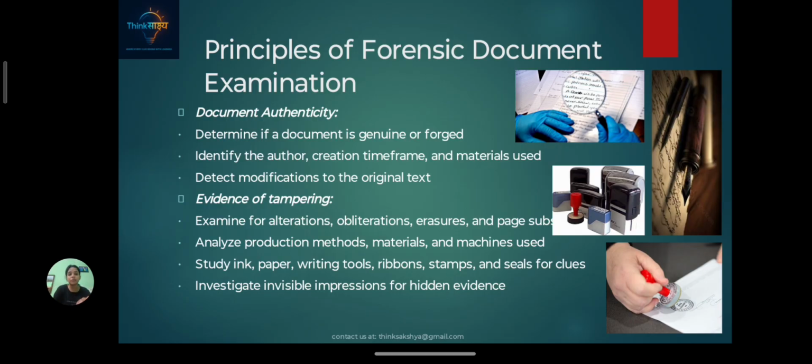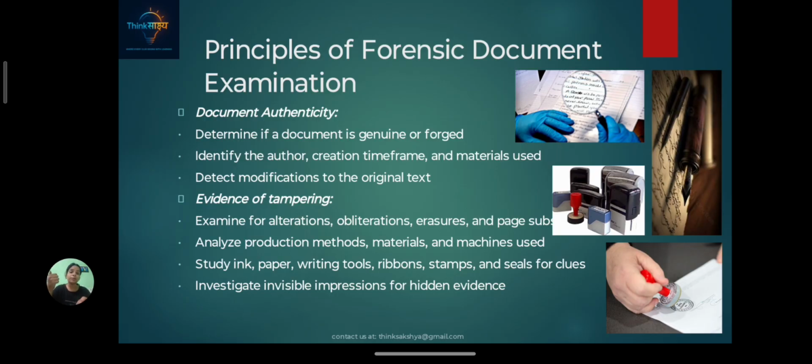We can check who wrote the document or who authored it, when it was created, by using what materials it was created, and after creating the original text, whether any modification was made afterwards. We have to analyze all the questions one by one. So first is document authenticity.